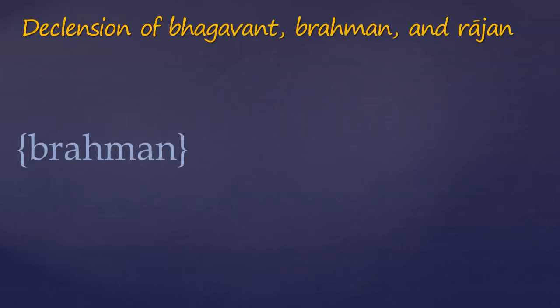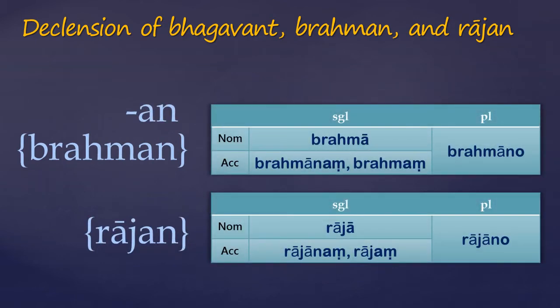Now, Brahman and Rajan actually belong to a different group of nouns which end with -an. And again here Warder only gives us the singular, nominative and accusative case, but I've put in the plural here too. And so we can see that in the accusative singular these end in -ang, and in the nominative singular they end in a long a, and in the plural in o.